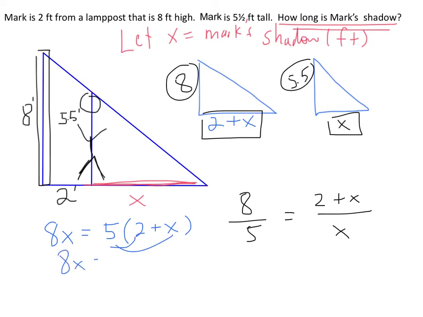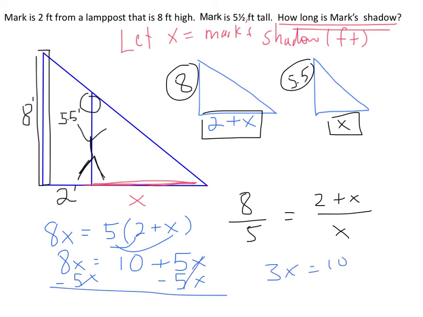So we'll have 8x equals 5.5 times 2 is 11. Distribute the 5.5 to both parts. Get a 5.5x on the second portion. If we subtract 5.5x from both sides, we'll have 2.5x equals 11. Divide by 2.5.